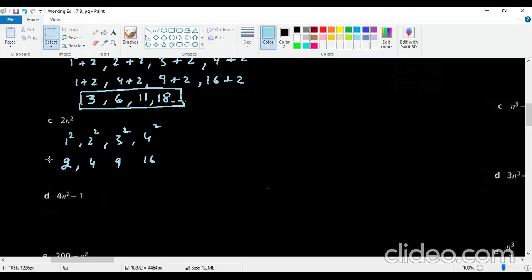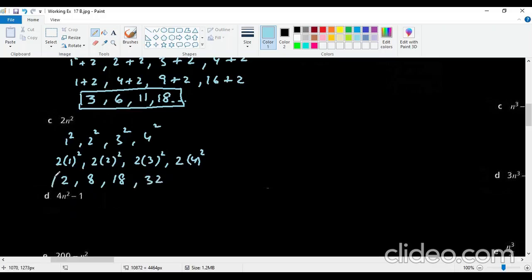Now let's see. 2 times n square, 2 times 2 square, 2 times 3 square, and 2 times 4 square. So this gives you 2, 4 times 2 is 8, 2 times 9 is going to give you 18, and 2 times 16 is going to give you 32. So this is going to be your answer for part C.